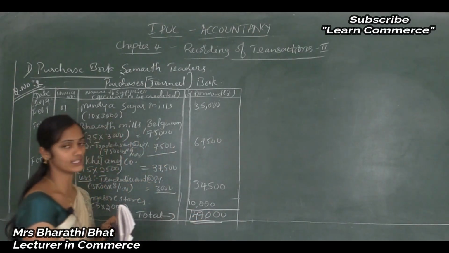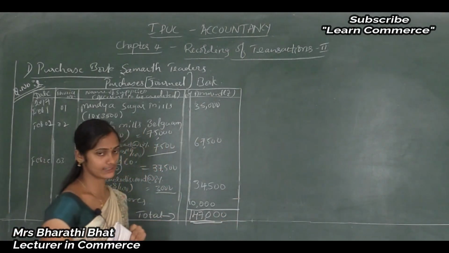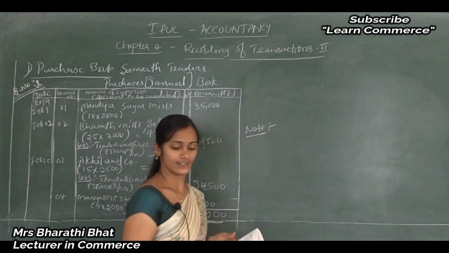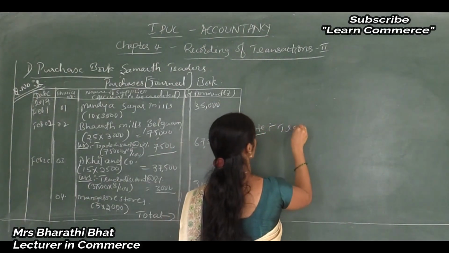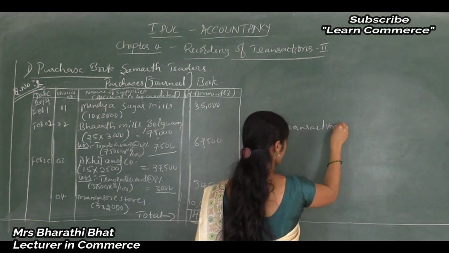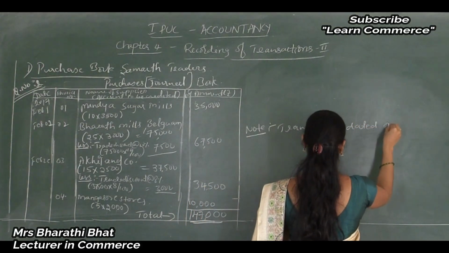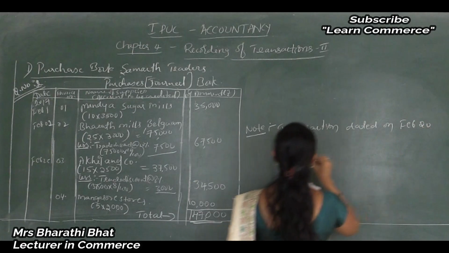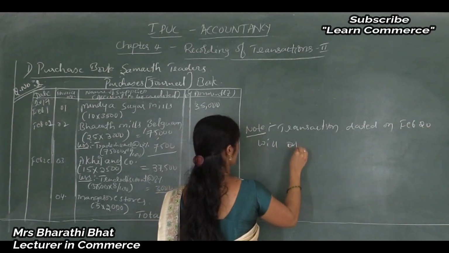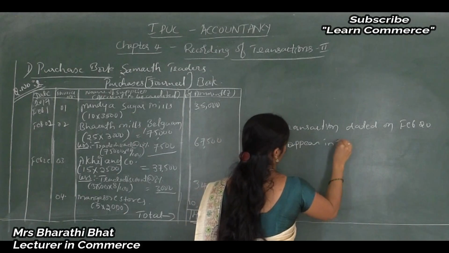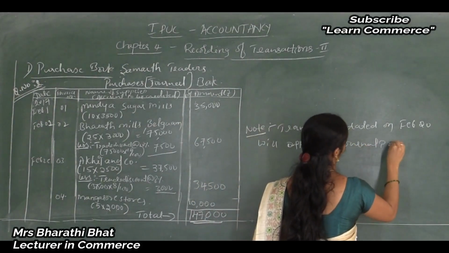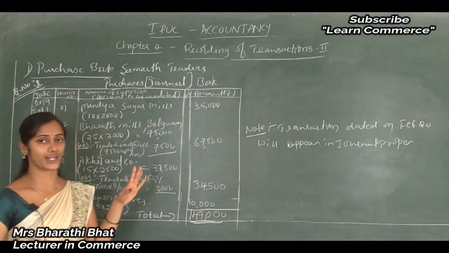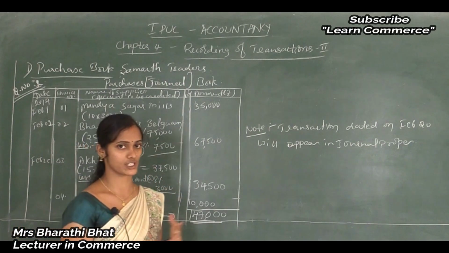That is total purchase. And after completing this, we have to give a note for the transaction dated Feb 20 that will appear in journal proper, because for Samarth Traders that transaction is considered a purchase of fixed asset.